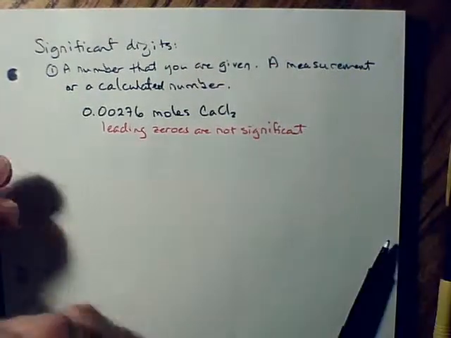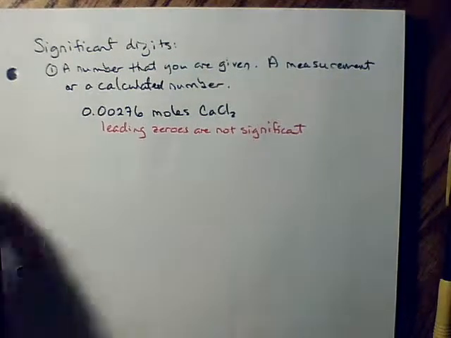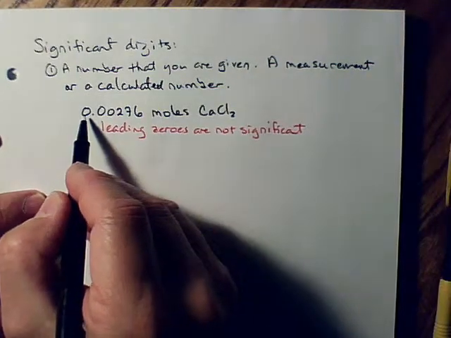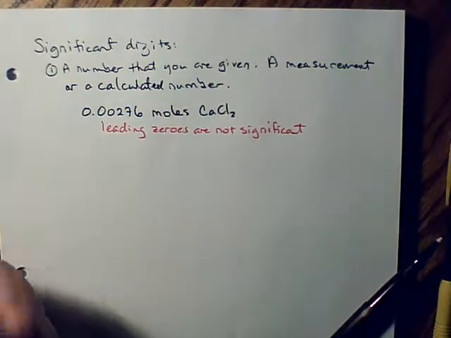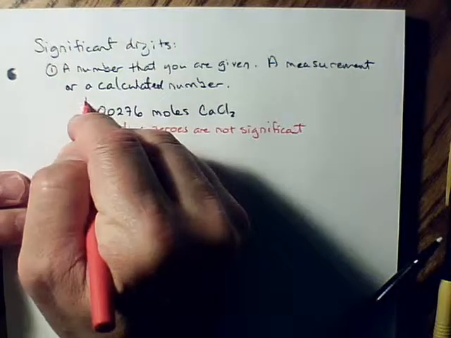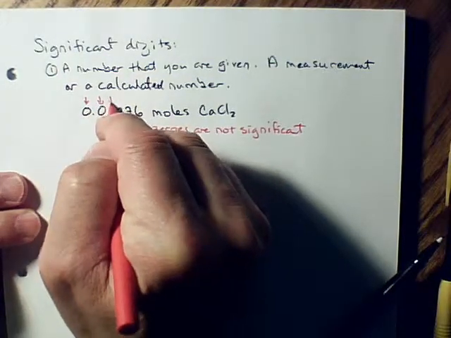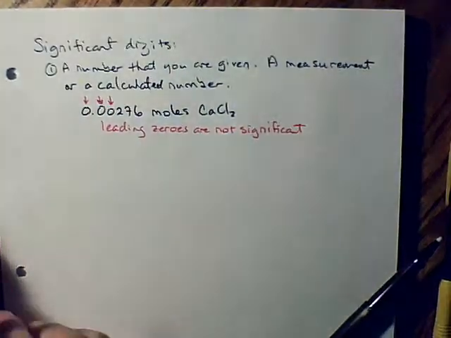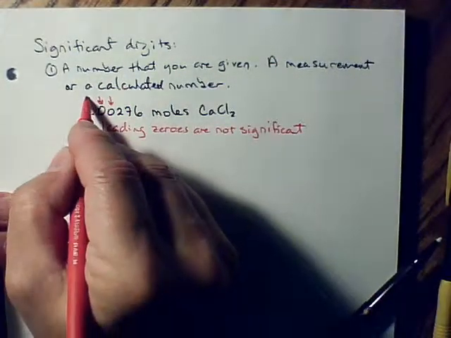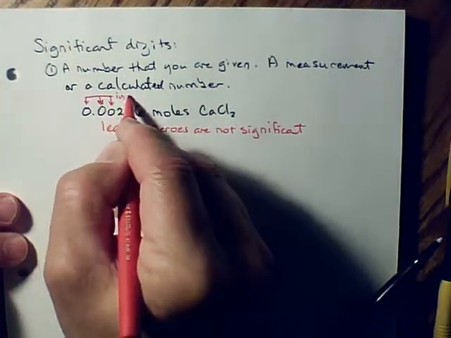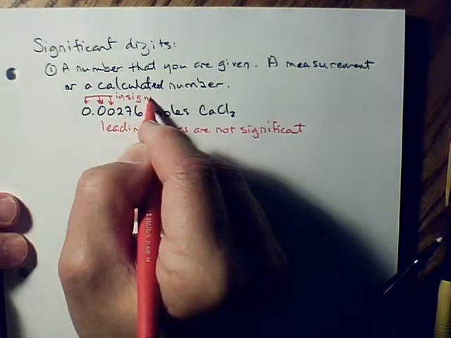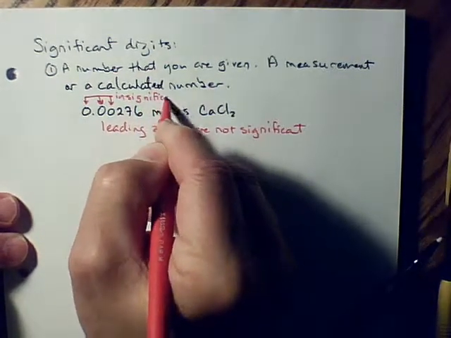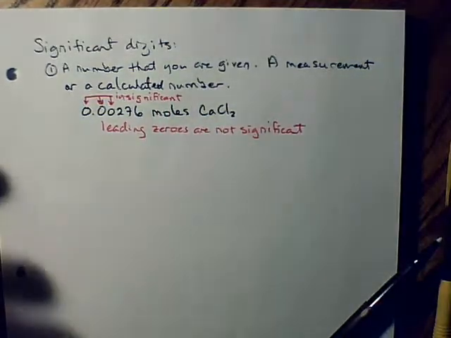Does that mean before the 2? This 0, this 0 right here, this 0 right here, those 3 zeros are all insignificant. Okay?